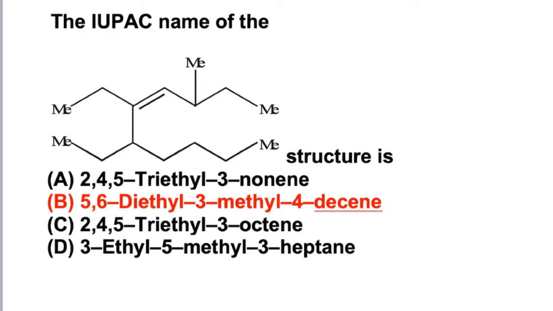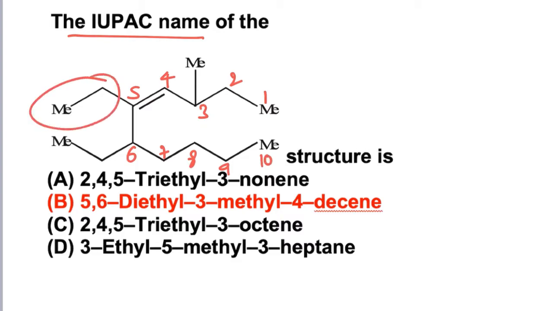In this question, we have to find the correct IUPAC name of the compound. We have to start numbering from the end from which the multiple bond is nearer. From this side, the multiple bond is at the fourth position, and a total of 10 carbon atoms are present.